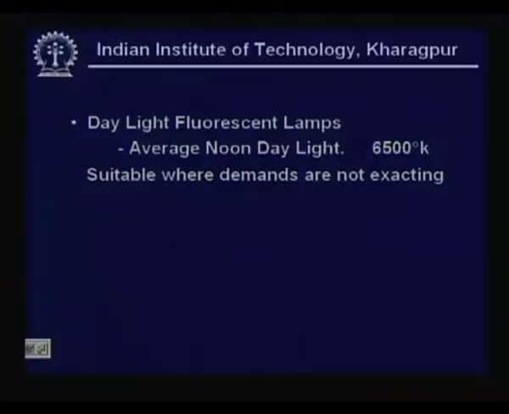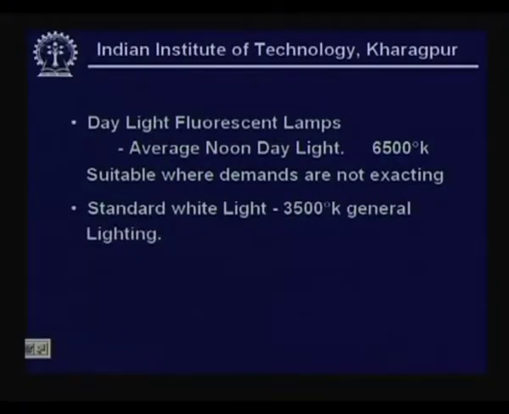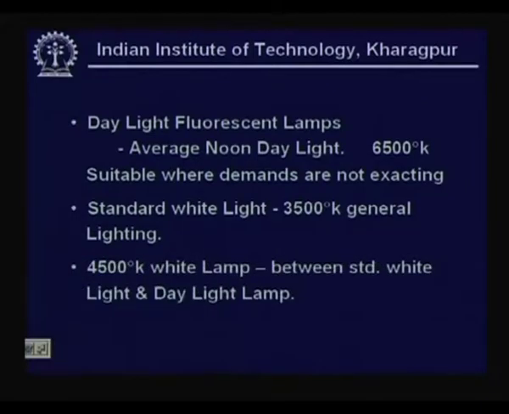Now this is okay where the demands are not very exacting. As against this, we have a standard white light. In fact, most of us are using standard white light lamps very commonly, which has a color temperature of 3500 degree. This is employed for general lighting. Then there is a lamp which has a color temperature between a standard white light and daylight lamp, which is around 4500 degree.